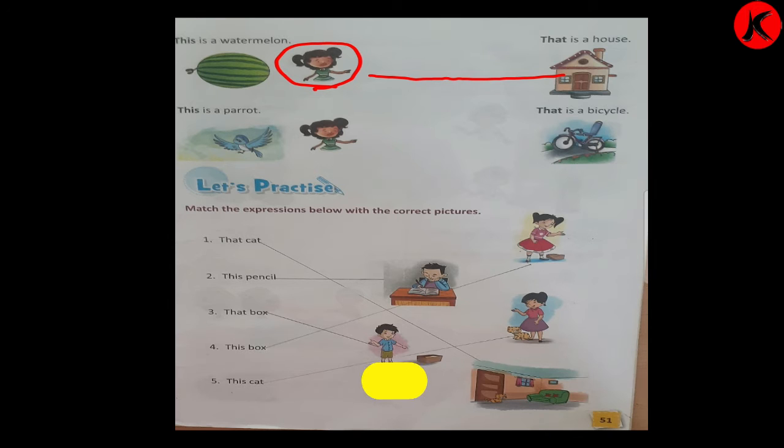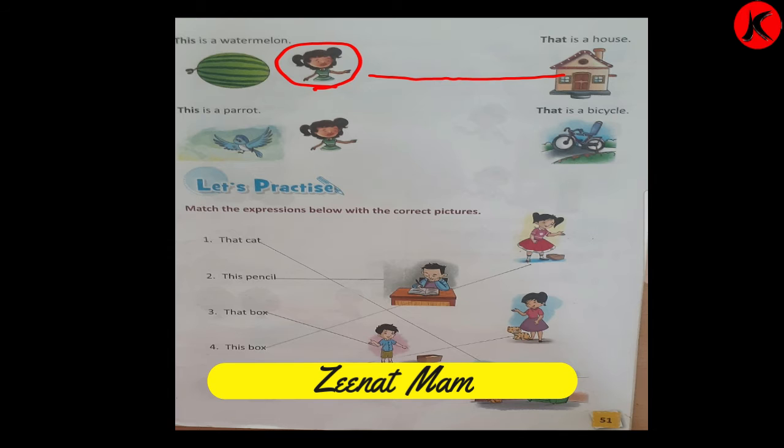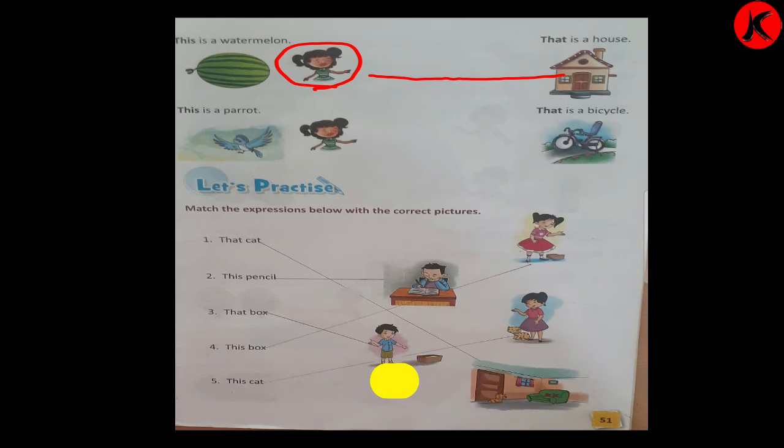Now again you can see the second picture. A girl is there. This is a parrot. Why? Because this picture is near to the girl. Parrot is very near. So we will say this. This is a parrot.